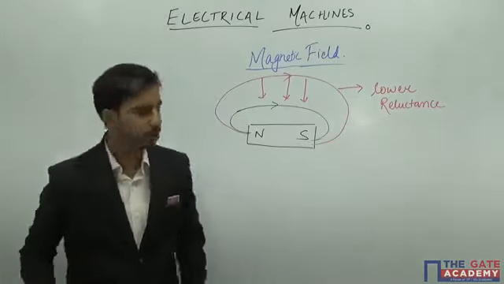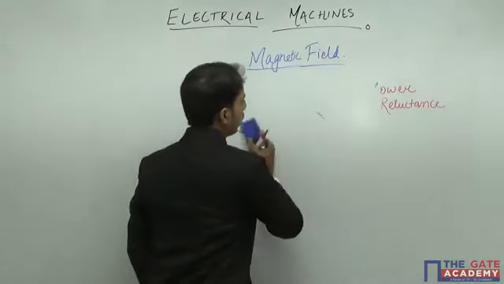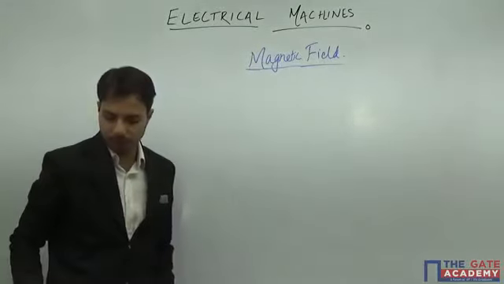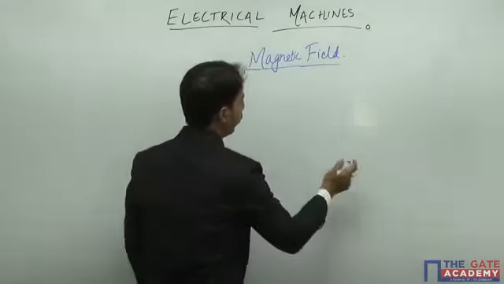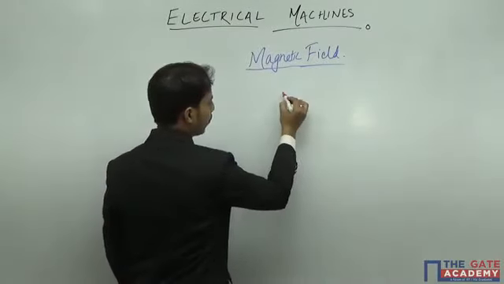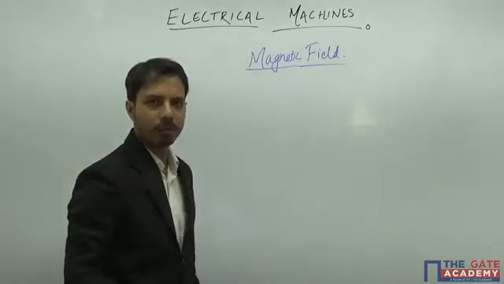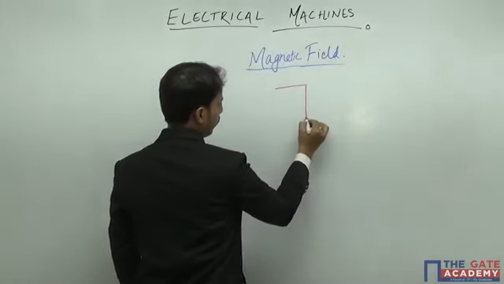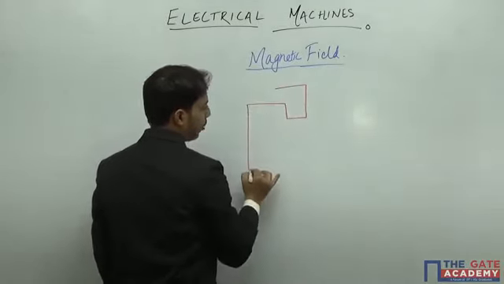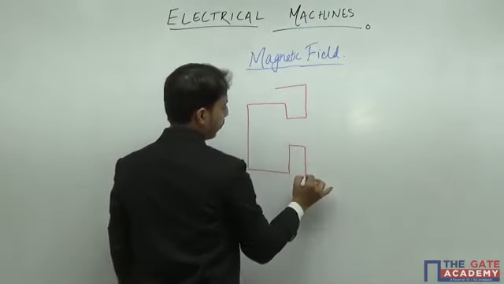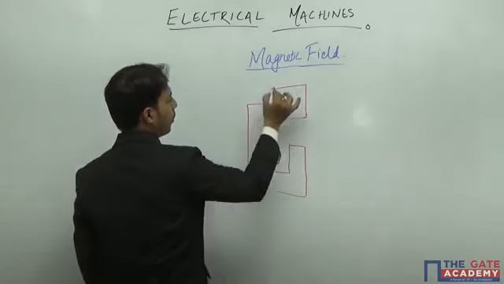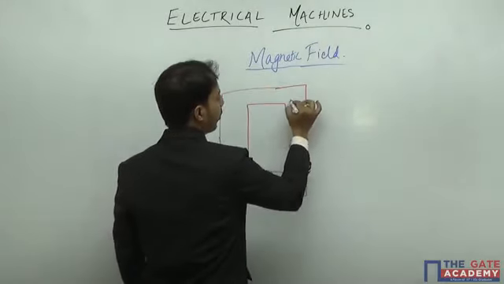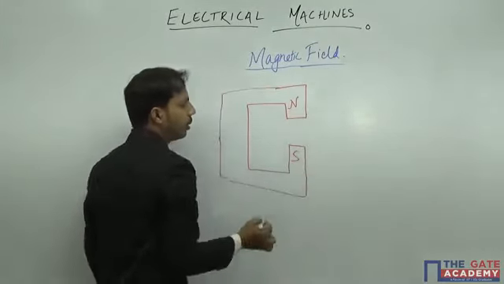We have used this particular theory to derive an electrical reluctance motor. Suppose we have an electromagnet, and due to the electromagnet, say we have created a north pole and south pole here.